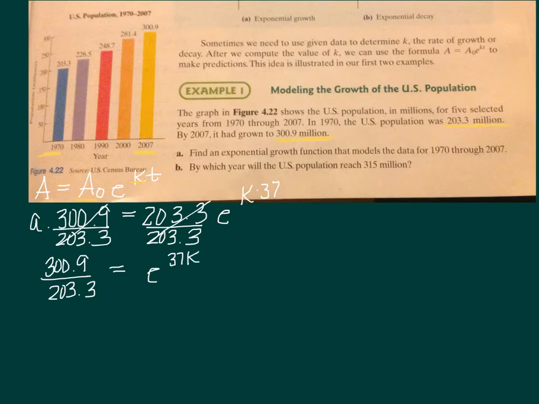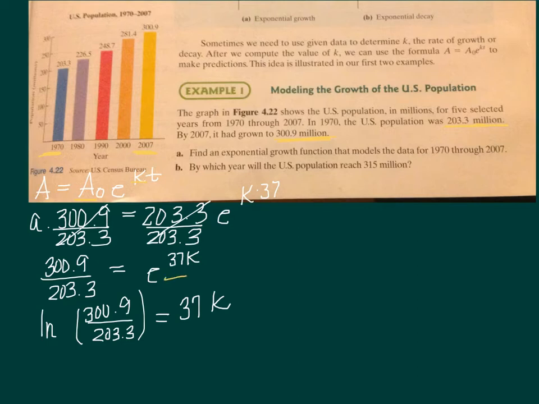And from here, this is our exponential equation. So I'm going to go to our log form. So ln, our base is e, of the number is equal to your exponent.